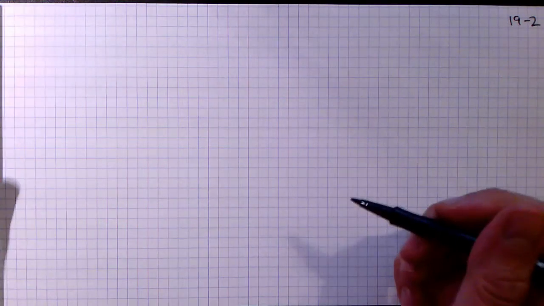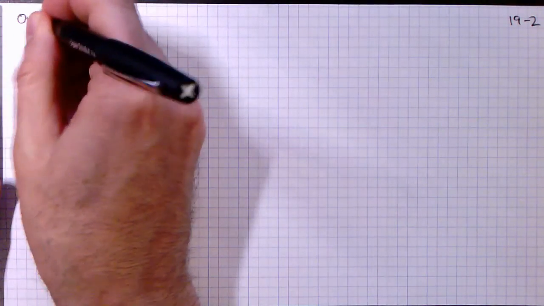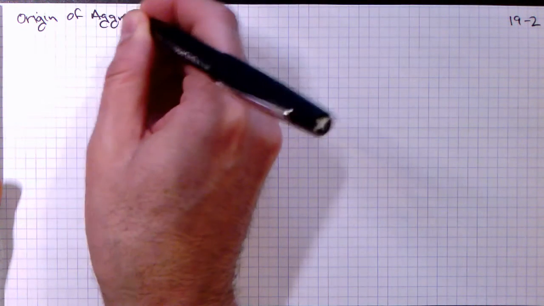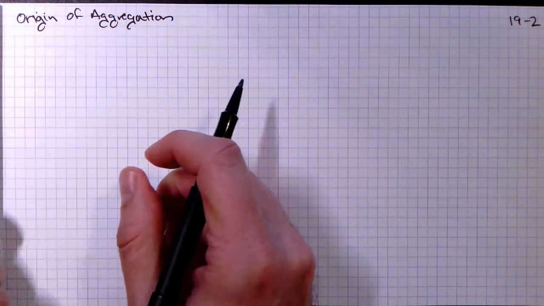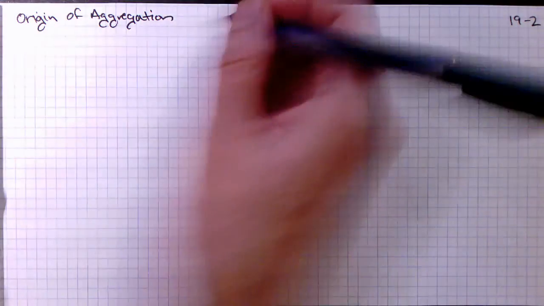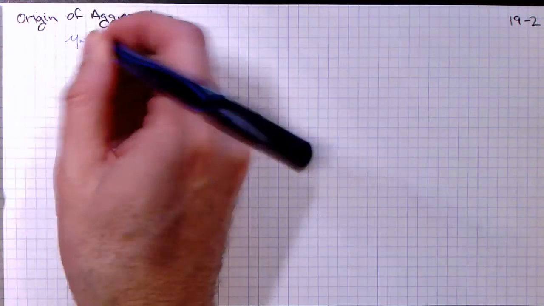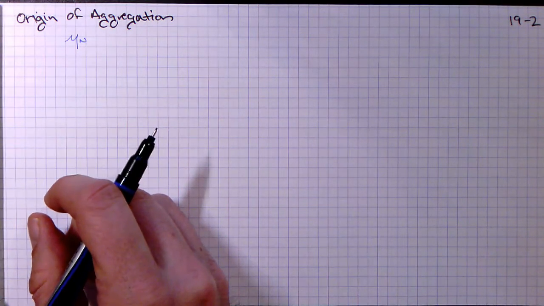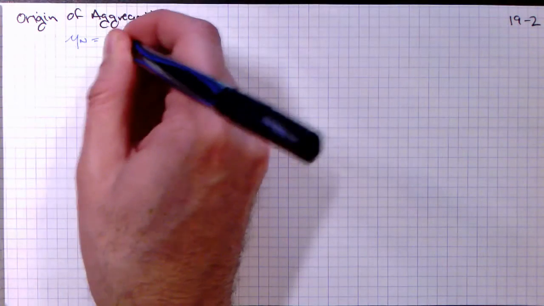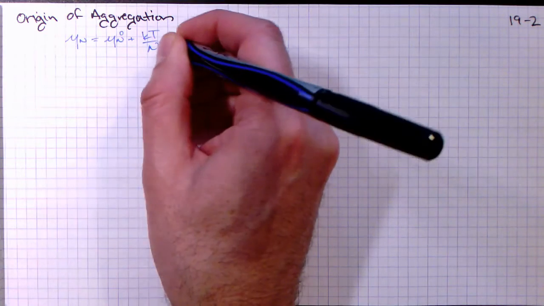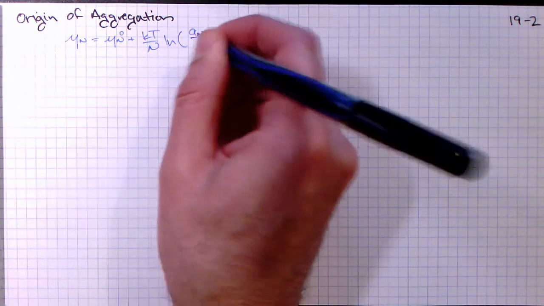Okay, so let's talk about the origin of aggregation. In order to understand aggregation, we can use the equation that we came up with for the chemical potential of an amphiphile in an aggregate of size n, and that was mu n0 plus kT over n times the natural log of an over n.